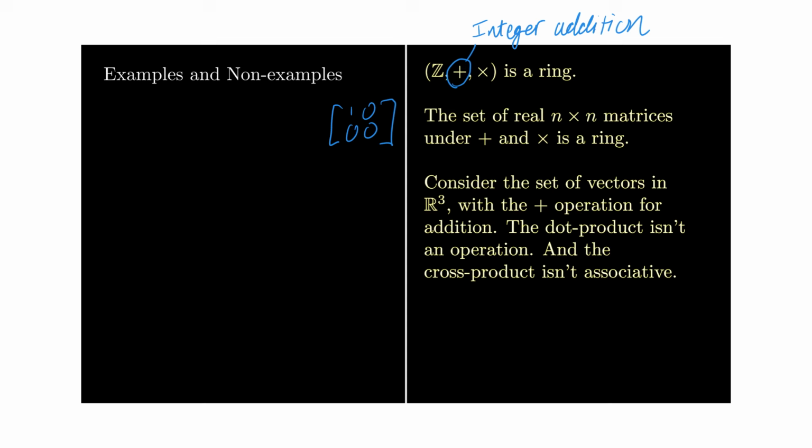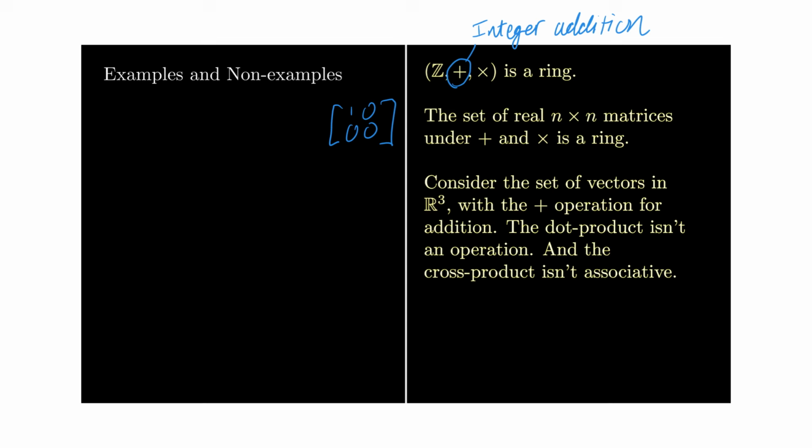Especially in R3, we have two candidates that probably come to mind, and that would be the dot product and the cross product. If you haven't had multivariable calculus, then you may not know what those are, but they're fairly straightforward. I wouldn't say you need to study multivariable calculus before studying real analysis, because this is just an example.